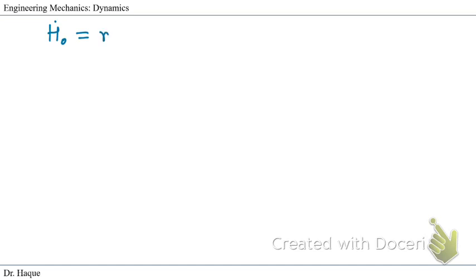We got r dot cross product mv, which is vector velocity, and this is also a vector, plus r, the vector, cross product mv dot vector, which is kind of acceleration. So now we have to concentrate on the second part, because we want to simplify any equation that can be simplified.